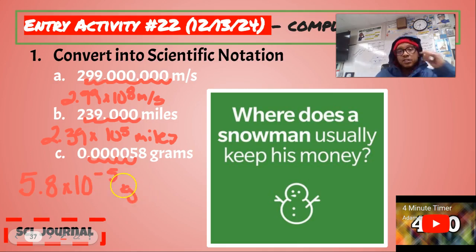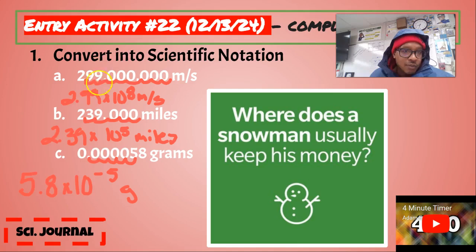And this is the mass of a grain of salt. So I actually picked relatable things. Hopefully you were able to get all of these done, and if not, hopefully you see why and what you needed to do.